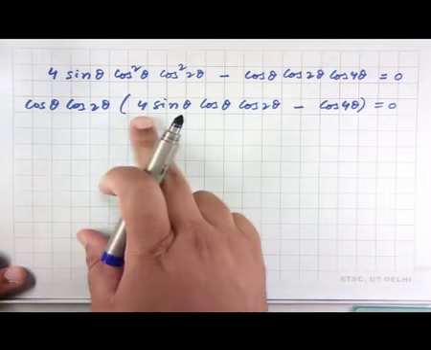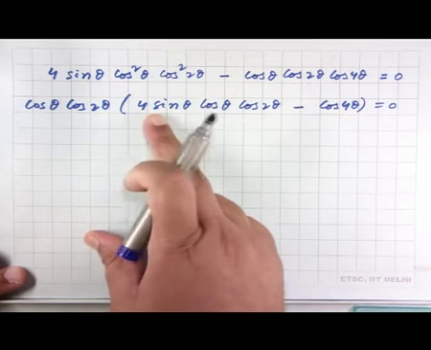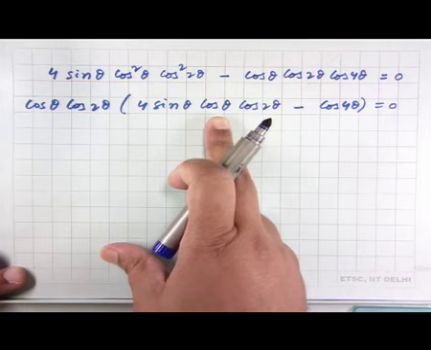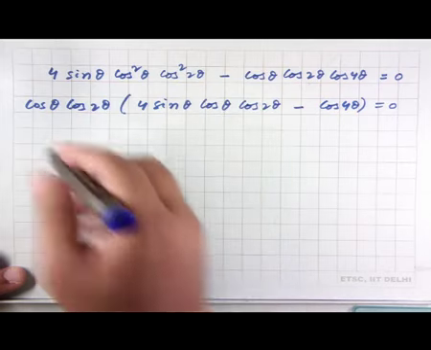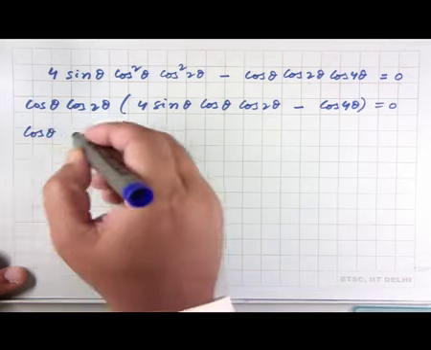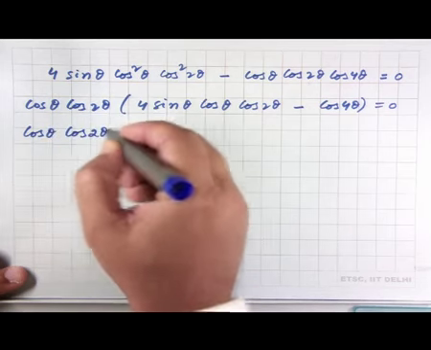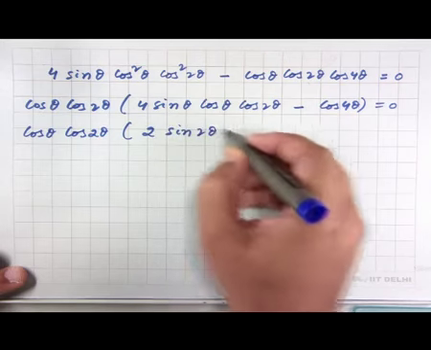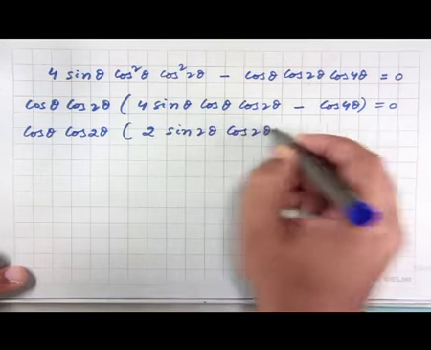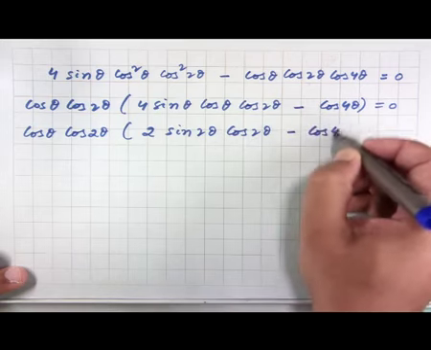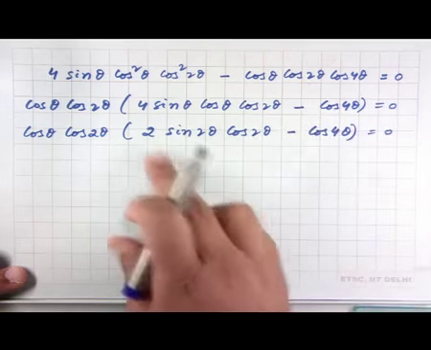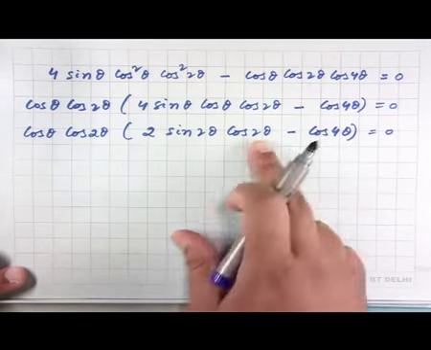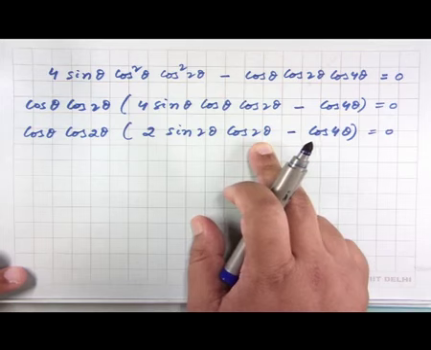And here we see a pattern that 2 sin theta cos theta is in fact equal to sin 2 theta. So using that fact, we have 2 sin 2 theta into (cos 2 theta minus cos 4 theta), and again we see the same pattern with 2 theta. So this thing is now sin 4 theta.